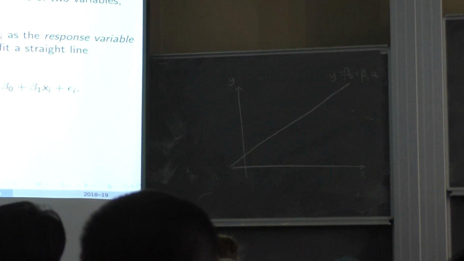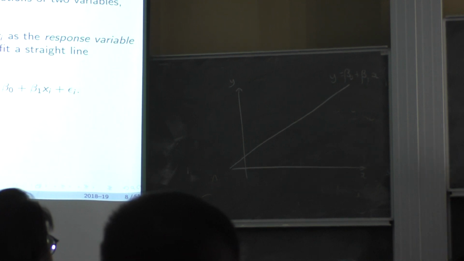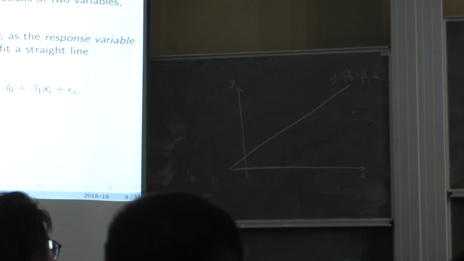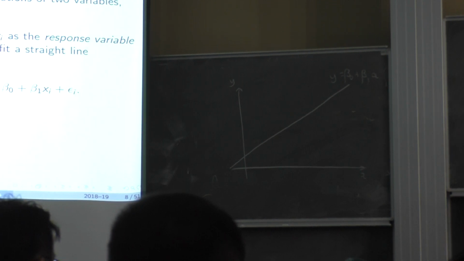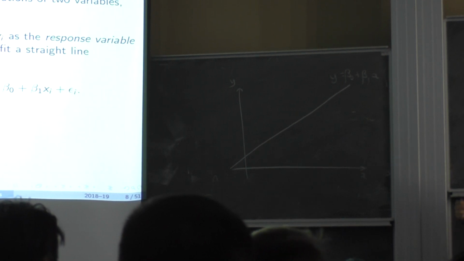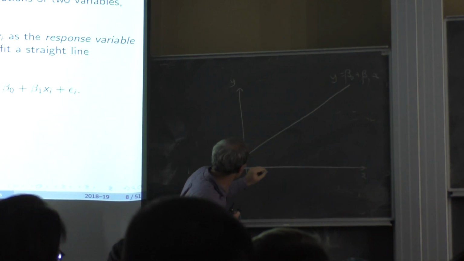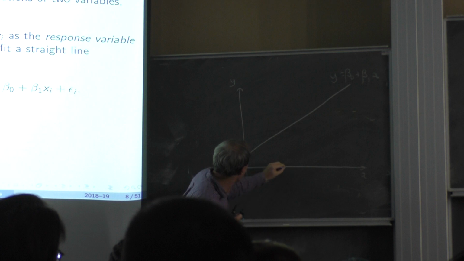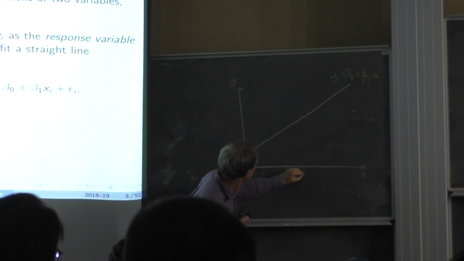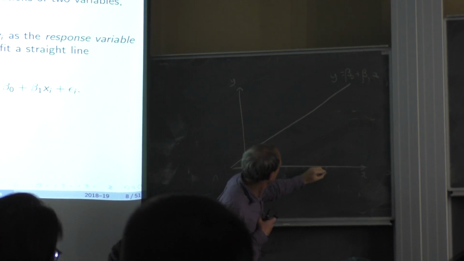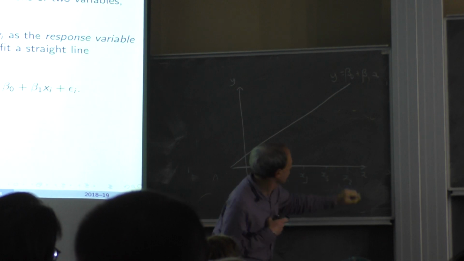Then our points come along, and let's say these are our x values, so that might be x4, x1, x3, x5, x2.